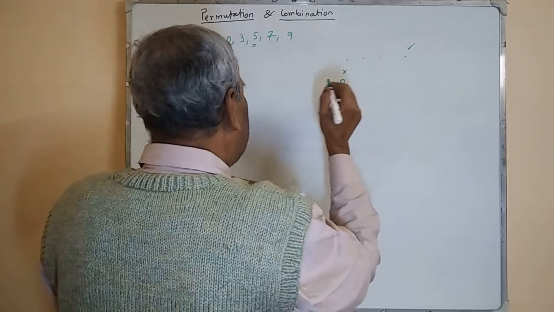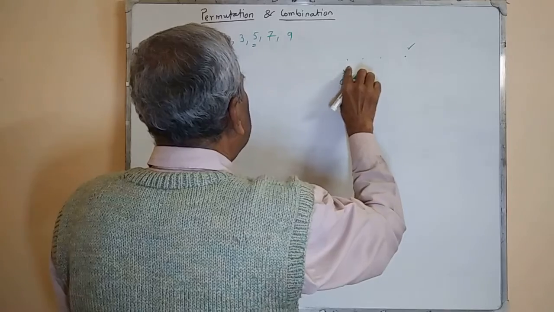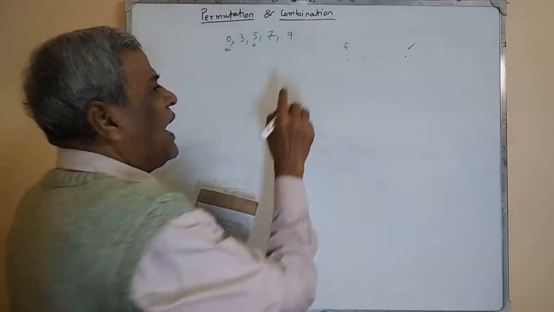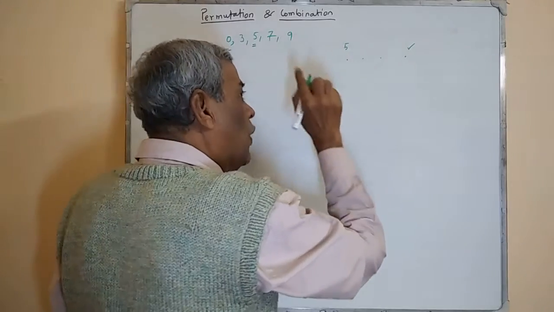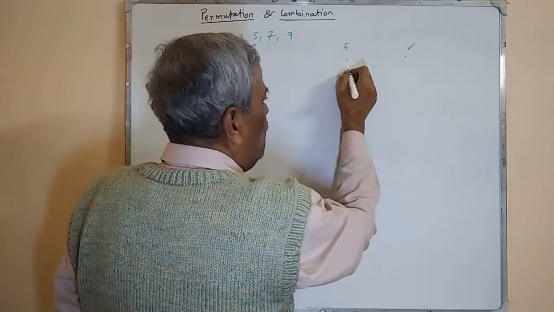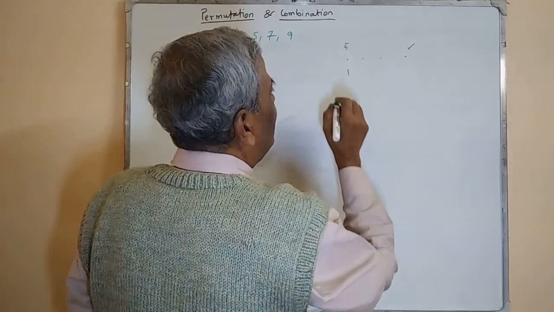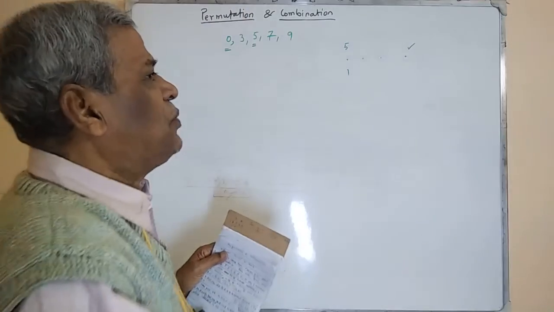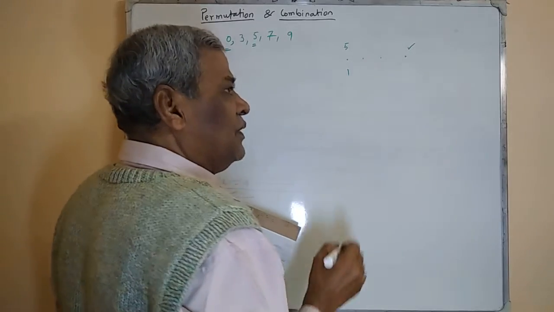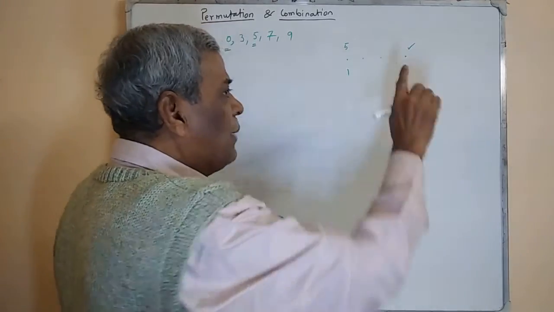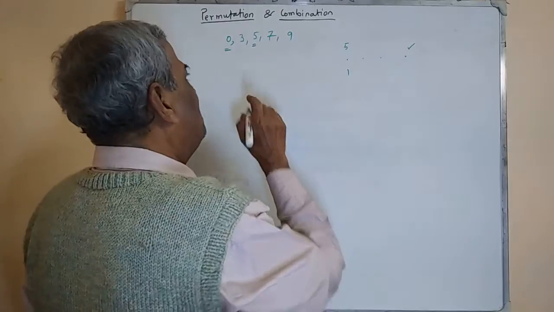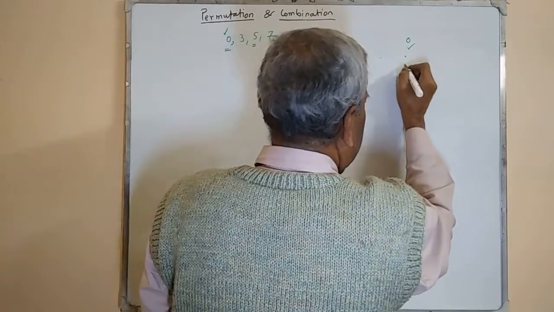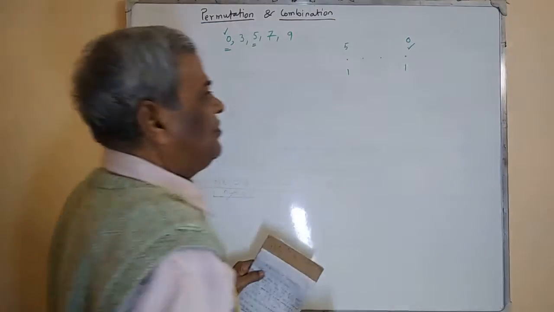So suppose this thousand position is filled up by 5. That is, I can fill this position only using the digit 5, so one way. Then the next restricted position is the unit position. What is the restriction? The whole number should be divisible by 5. So I can use 0 there, that also one way.